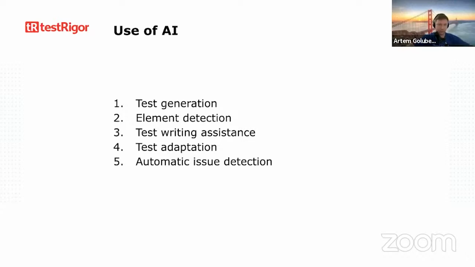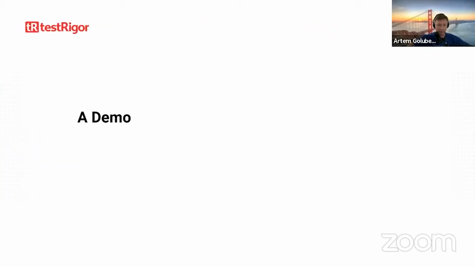AI is becoming more and more widely used, and it's used for a lot of different things, like test generation, element detection, test writing assistance, adaptation of the test to new stuff, automatic issue detection, and so on and so forth. There are a lot of different use cases.